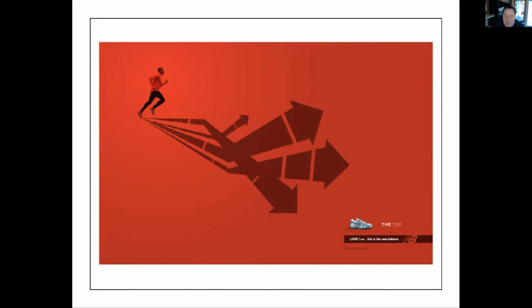As you can see with this ad here, we've got the guy running in the upper left and the logo in the lower right, but it seems very balanced compositionally because it's equaling out the space on both sides. If the guy was over on the right side only, then that would be very asymmetrical.